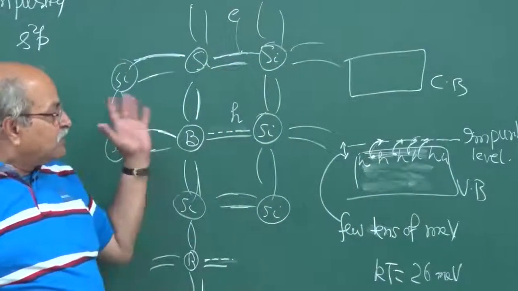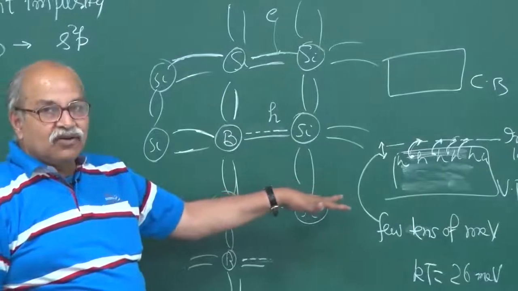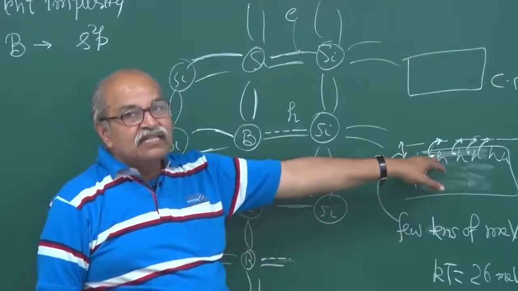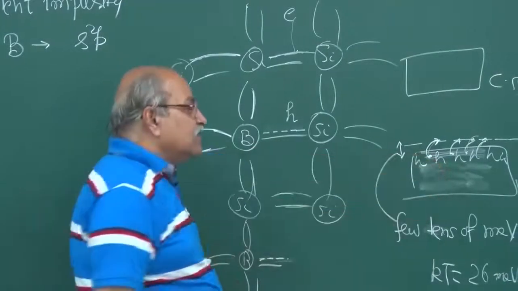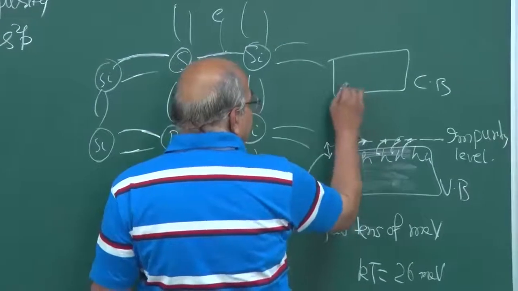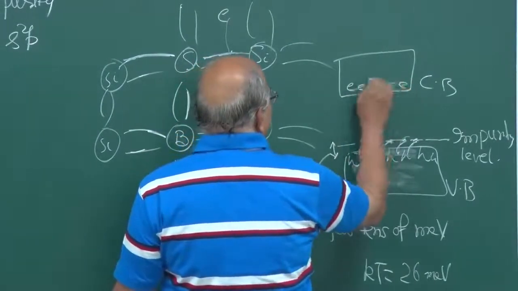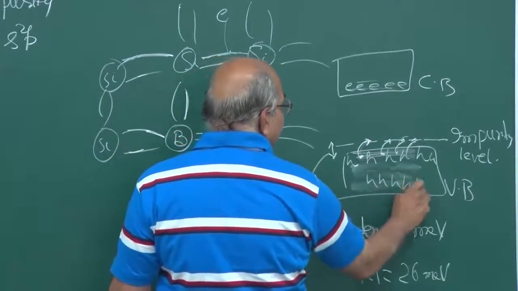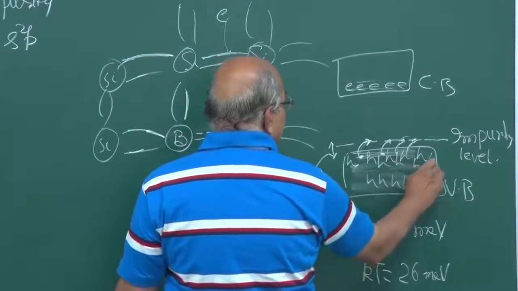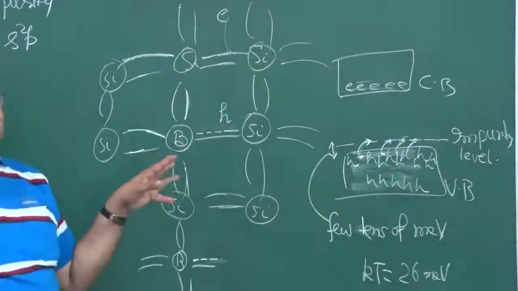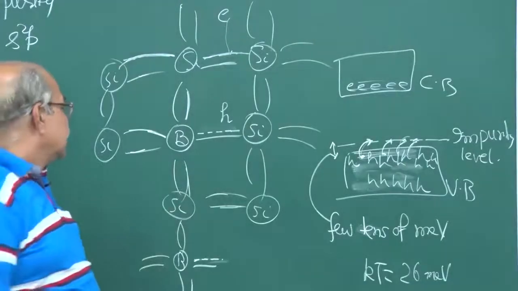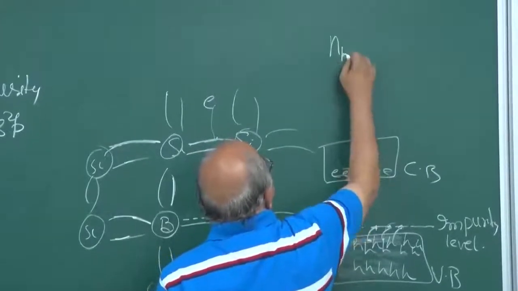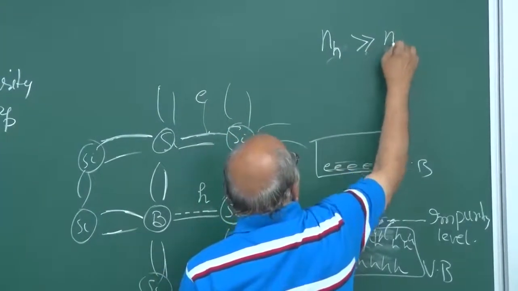So by putting this trivalent impurity in silicon, you are creating many new holes in the valence band. To start with, there were some quantum states filled by electrons in the conduction band, and corresponding holes were there, but now you are putting many more holes through this doping. So in this case, what will happen? NH will be much larger than Ne.